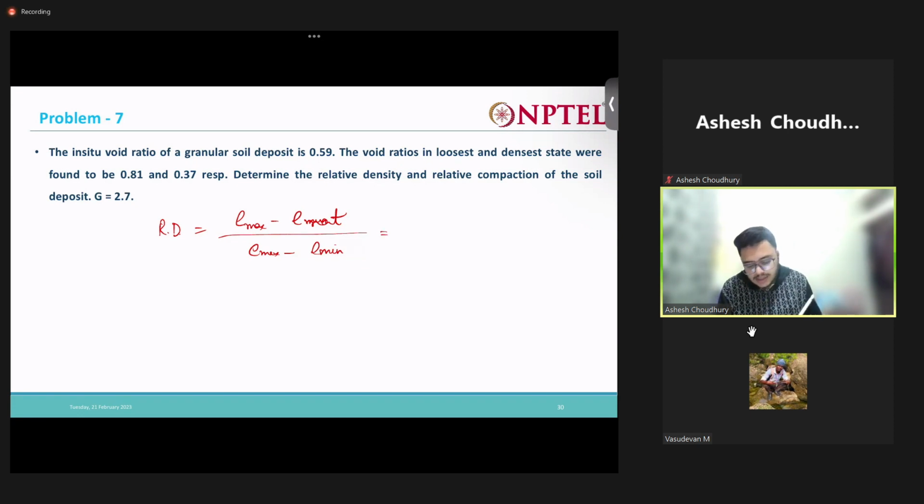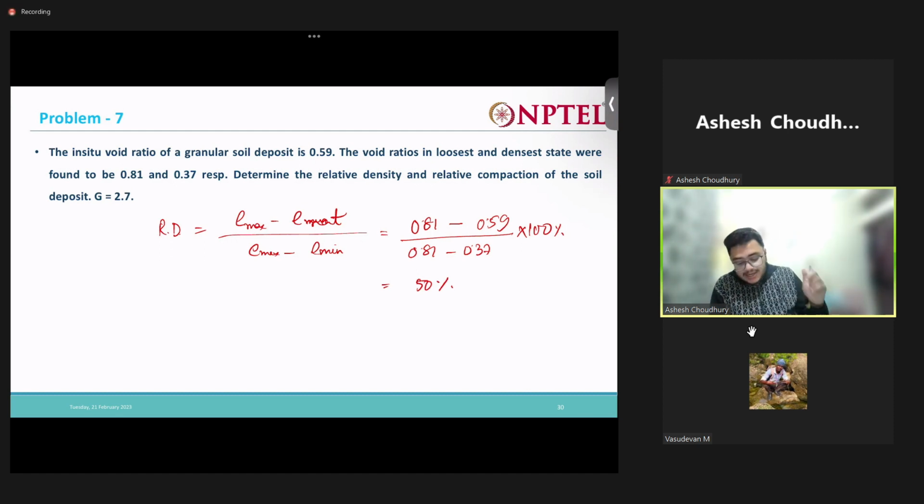So what is our e max? e max means the loosest state. So 0.81 minus the natural void ratio 0.59, divided by 0.81 minus 0.37, into 100. So we get a relative density of 50%.